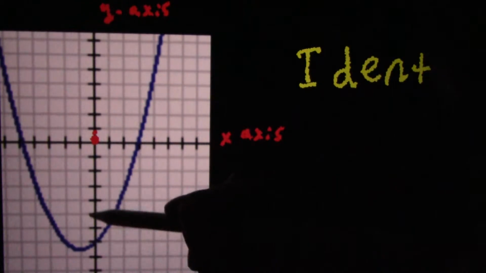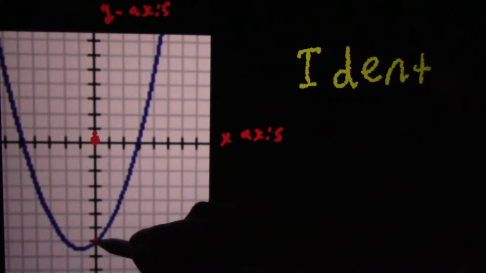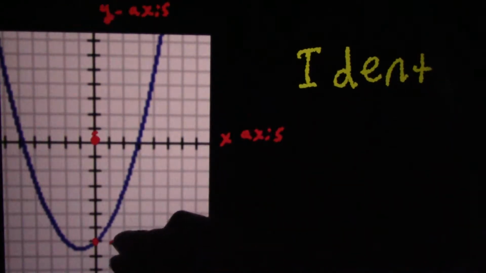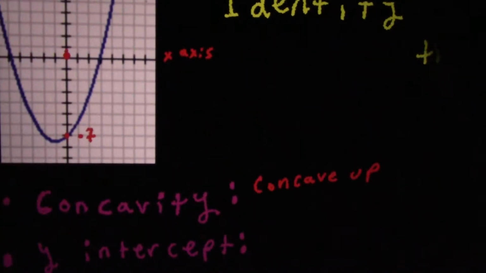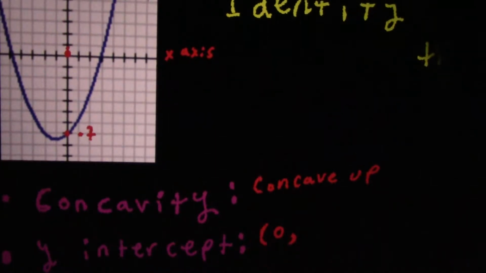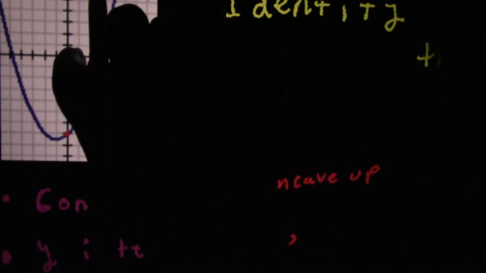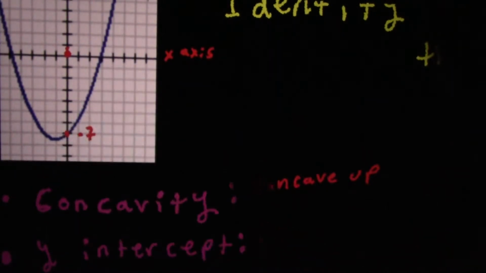Here we can just count 1, 2, 3, 4, 5, 6, 7. So -7. Again, our y-intercept is when x is 0, what is my y value? And as you saw here, when x is 0, our y value went down to -7.